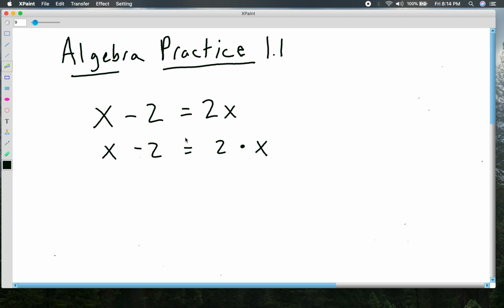Well, I've got 2x here. I've got x minus 2 there. What do I do? Well, let's think about this. Why don't we try to get the x's all on one side of the equation first? Let's do that. So I'm going to subtract an x here. And that 2x minus an x is going to give us an x.